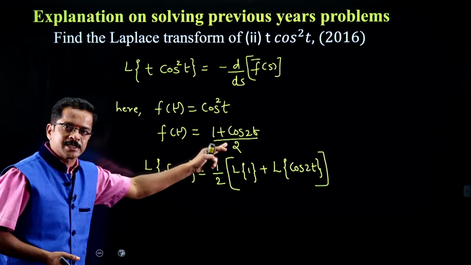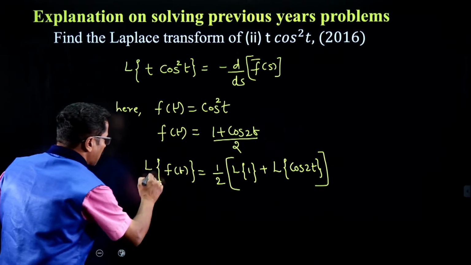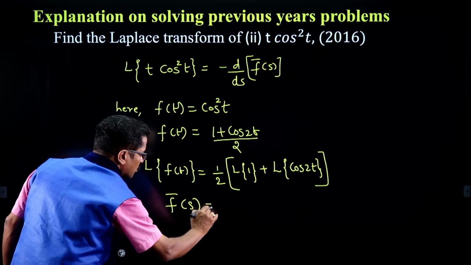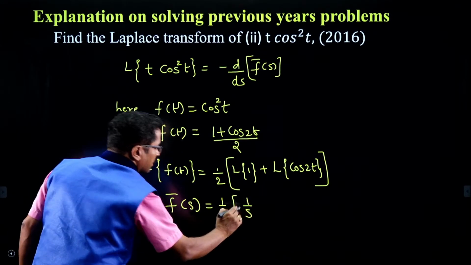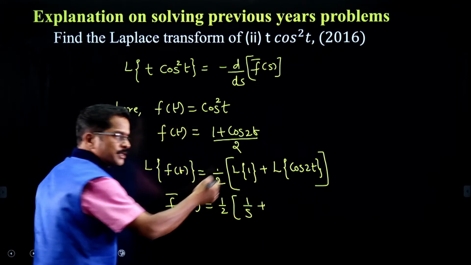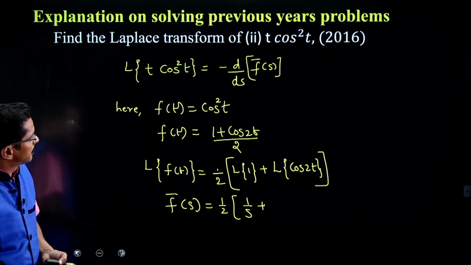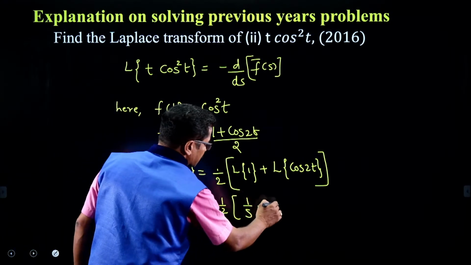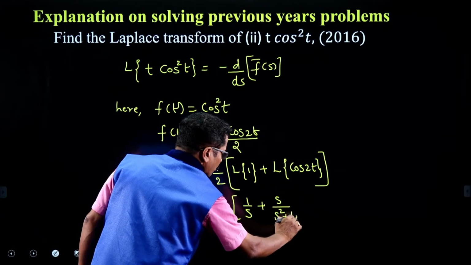Then L of f of t is f bar of s, which equals 1 by 2 into 1 by s plus s by s square plus a square for cos at, so s by s square plus 4, since 2 square is 4.